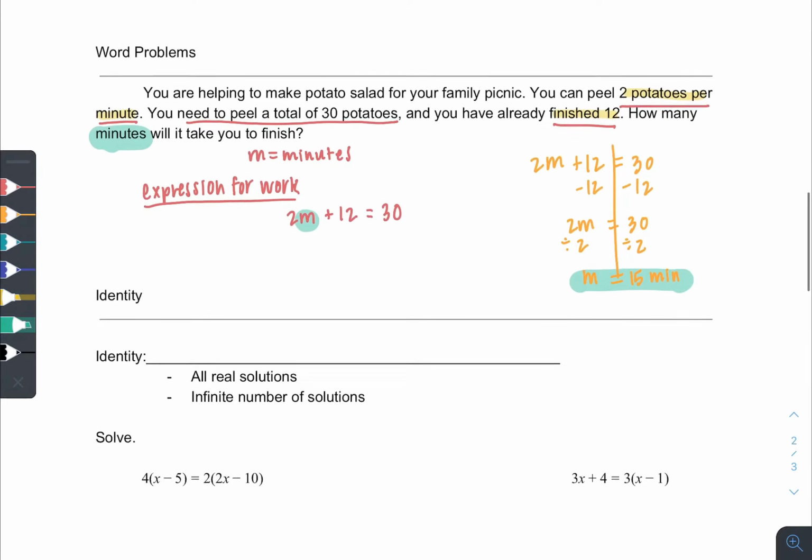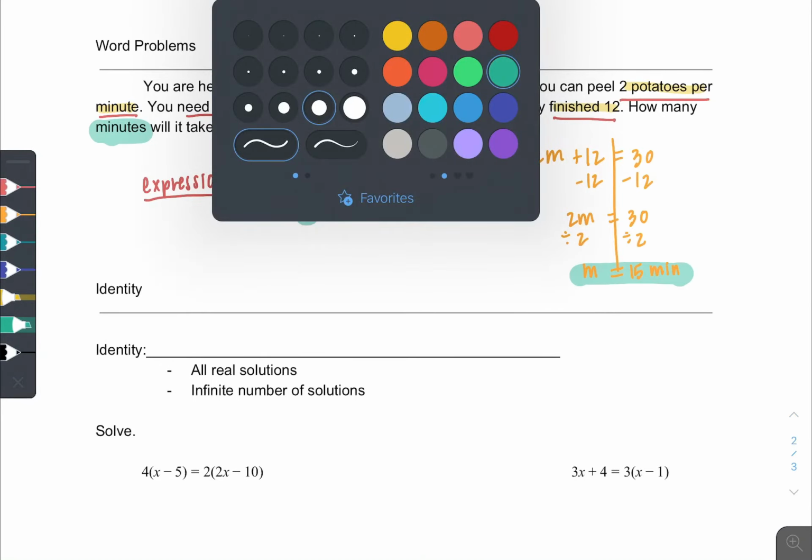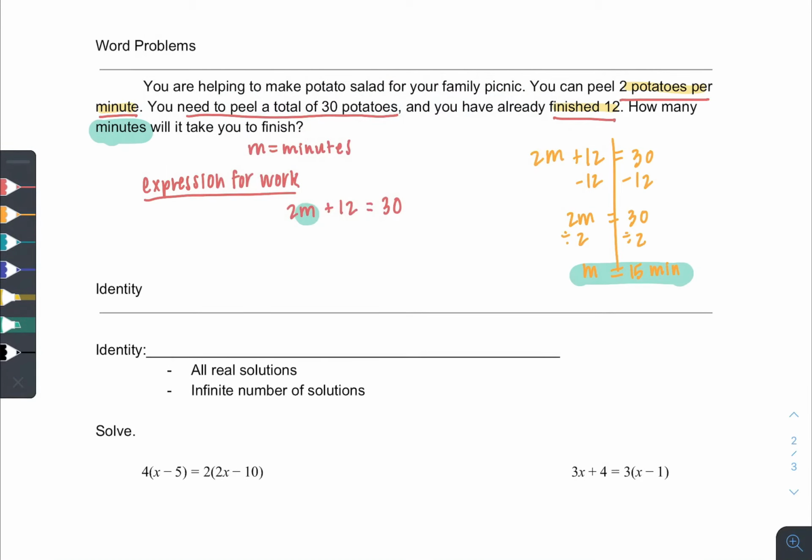All right, next up, we want to talk about the identity. So the identity is that both sides of the equation are the same.